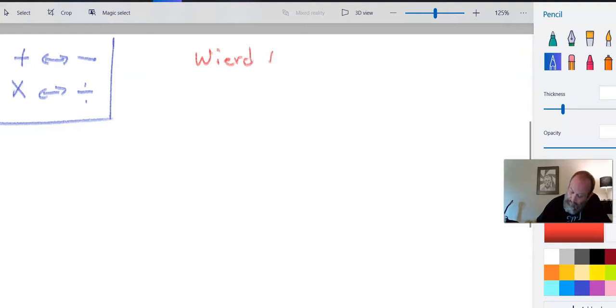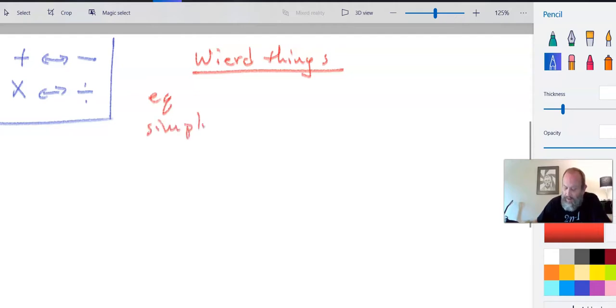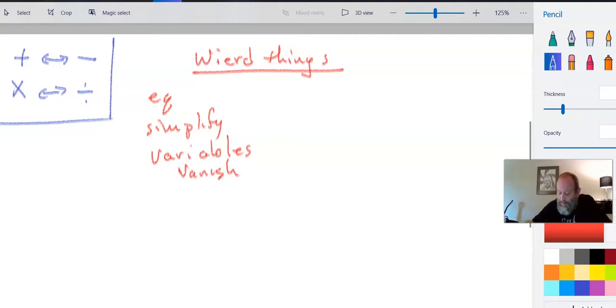Sometimes when you're trying to simplify an equation, you'll start with an equation, you simplify, and the variables go away. Variables vanish. This happens, and we will see examples of it. I'm going to keep it a little bit vague for the moment.